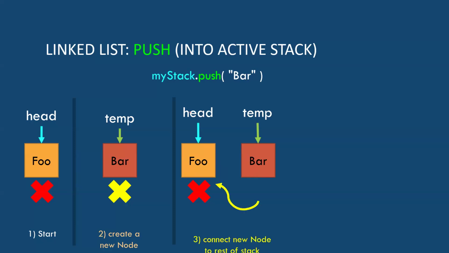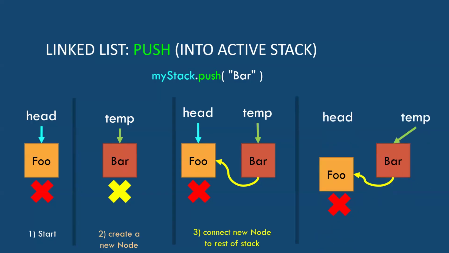Temp next needs to point to what the head is pointing to. Okay. So we'll see that in code here in a second, but that might throw you a little bit. Temp next points to head. And then head equals temp. And now we can throw away the temp variable because we've got our updated linked list. Okay. That's our classic push into the head of the linked list.